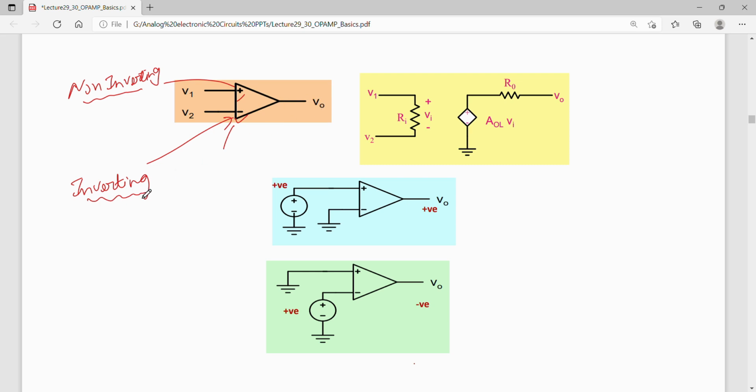Similarly, if an inverting input is applied, the magnitude may be larger because of the gain, but the output and input will be out of phase. That is why it is called inverting, because the output is out of phase with the input. It is called non-inverting, plus terminal, because the output is in phase with the input.